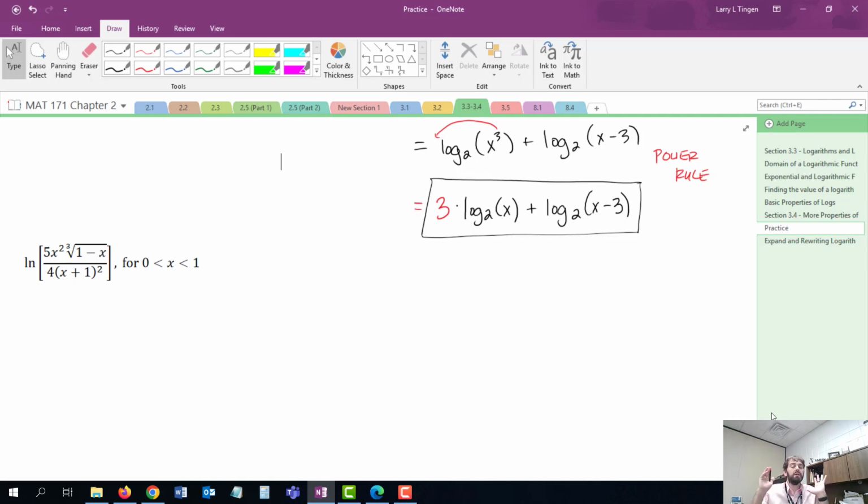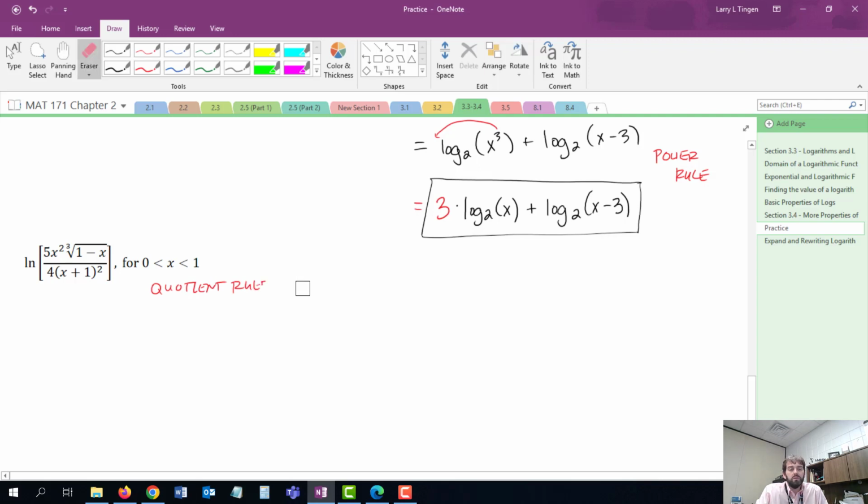So what's the big thing? What's the most outside function that's going on here? It's not power, because there are some things raised to powers, but not everything. So the first thing I'm going to use is the quotient rule.